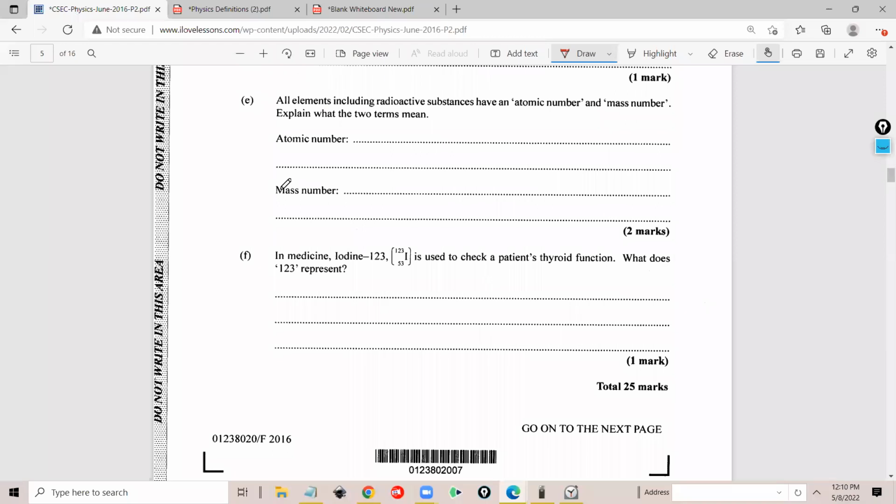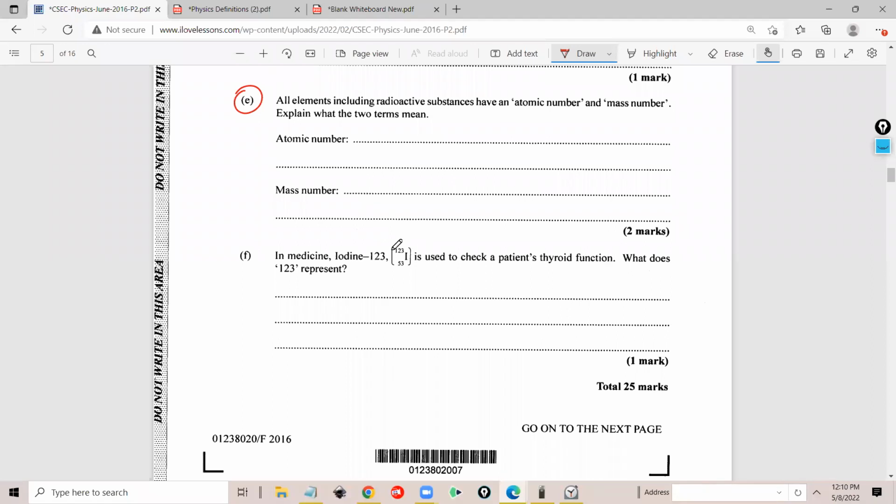All right, so in medicine, they usually use a lot of radioisotopes. They're pretty popular in the treatment of cancer and whatnot. They can also be used to check the functionality of someone's thyroid. What does the 123 represent? Well, this is an easy answer because you're using part E to help you.